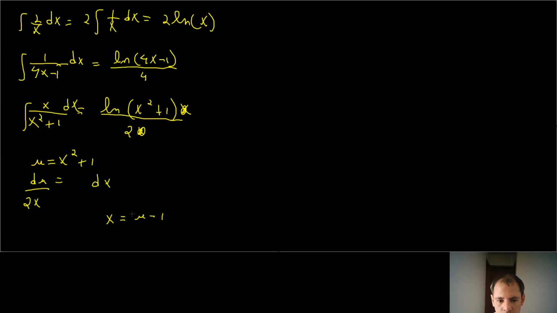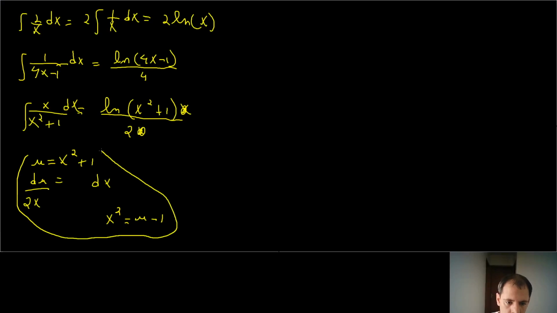I'm going to leave it as x squared equals u minus 1. So we're just going to use these three identities. All right, so let's substitute this thing here.